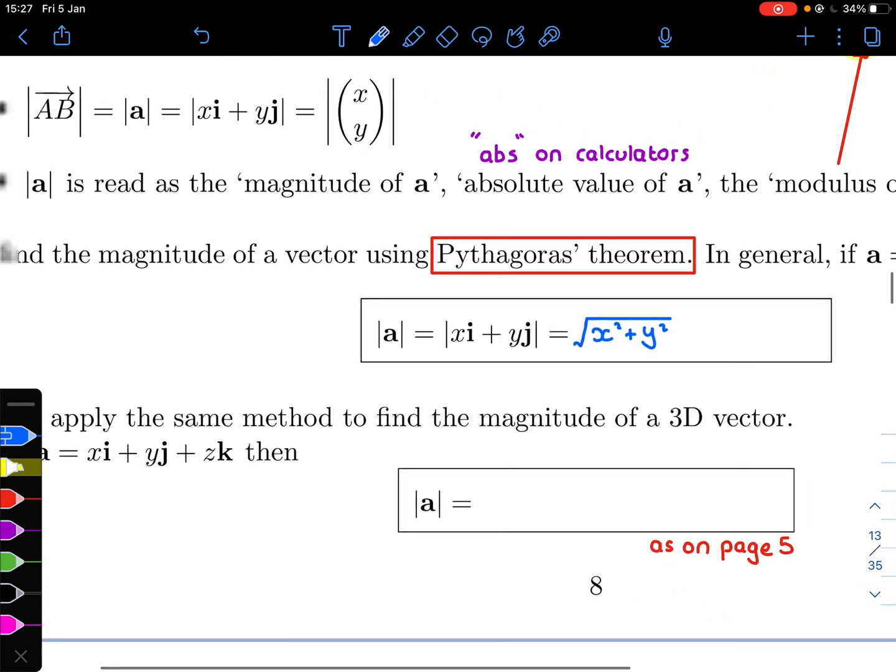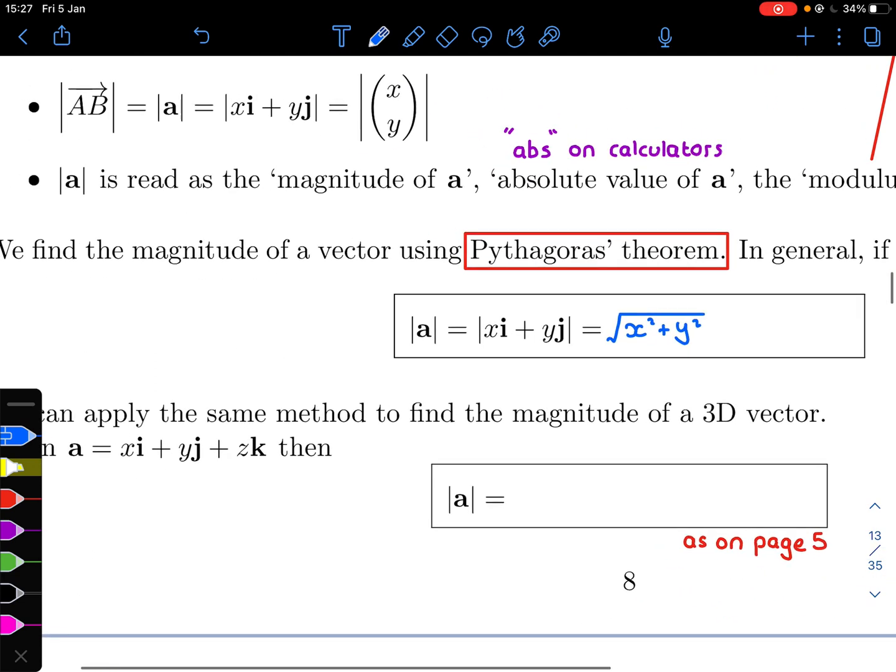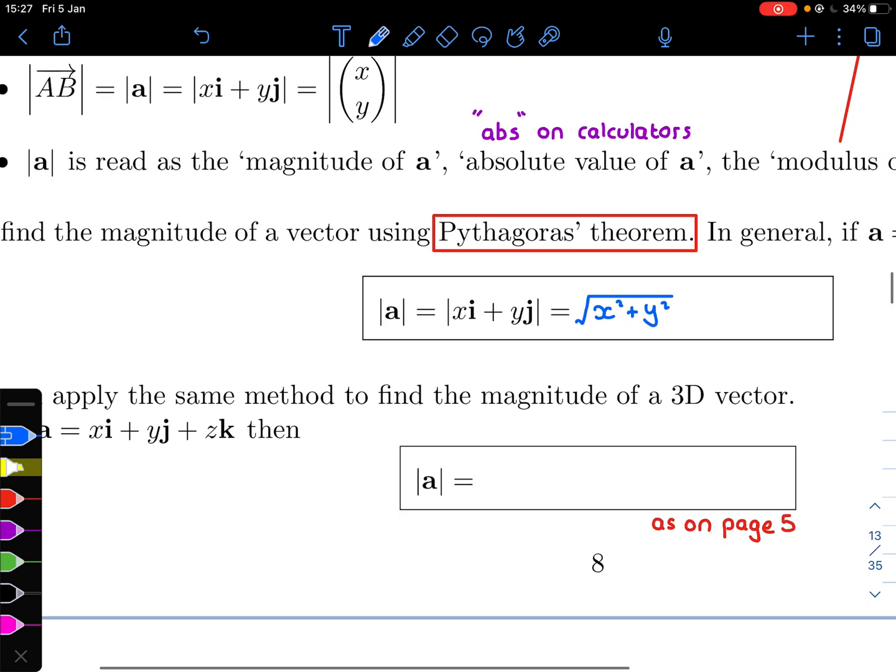And similarly for 3D, if your vector is a 3D one with ijk components, then we just apply Pythagoras in 3D. X squared plus y squared plus z squared. So I demonstrated that in an earlier video. It's on page 5 of the booklet.